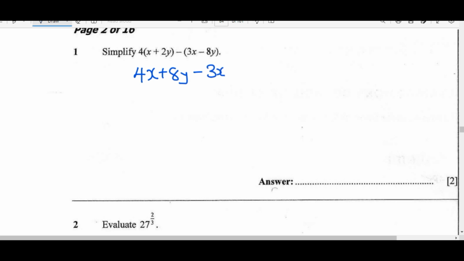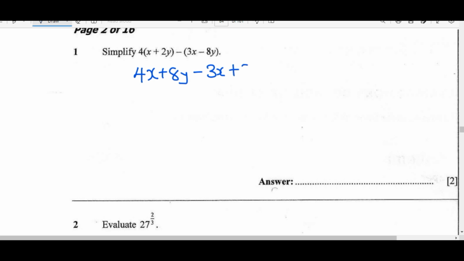Negative times negative 8y gives us a positive there.